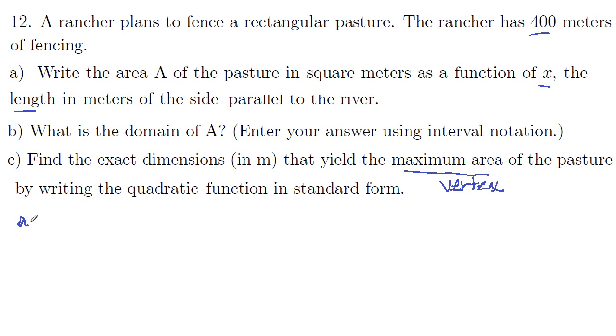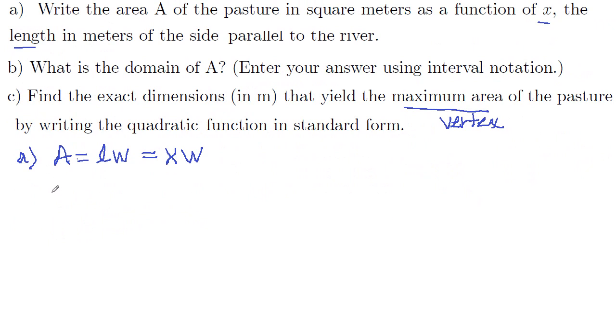So part A here, area is length times width. And our length is x. So they're telling us to call length x. So this will be x times w. So we need to find the width here in terms of x. And this is a pasture that is bordering on the river here. So here's the river.